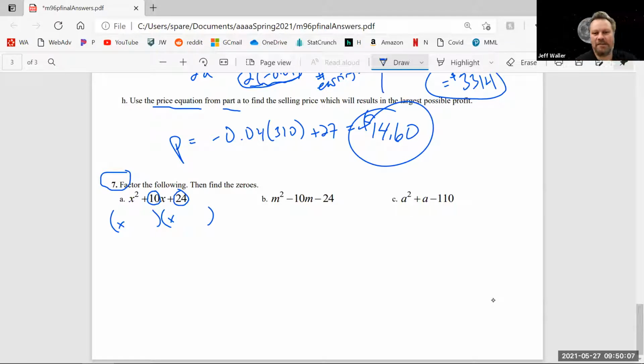So two numbers that add to be 10 and multiply to be 24, which would be 6 and 4. Good, thank you. That's fine. Do you see how part B looks like the same problem, but there's some negatives thrown in there, so you got to be a little careful. Don't say anything if you know the answer yet.